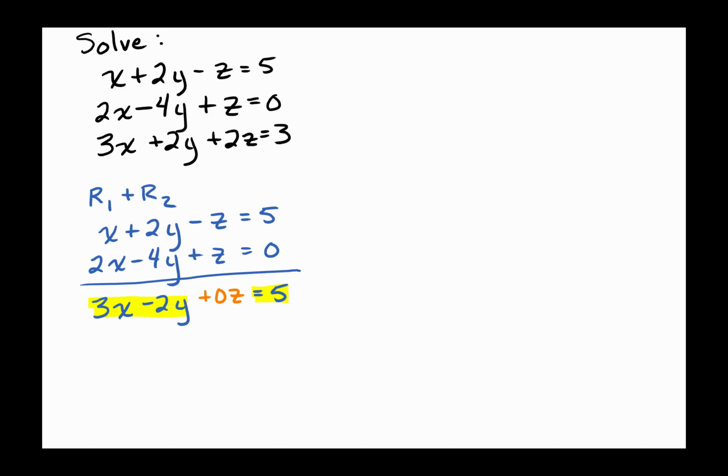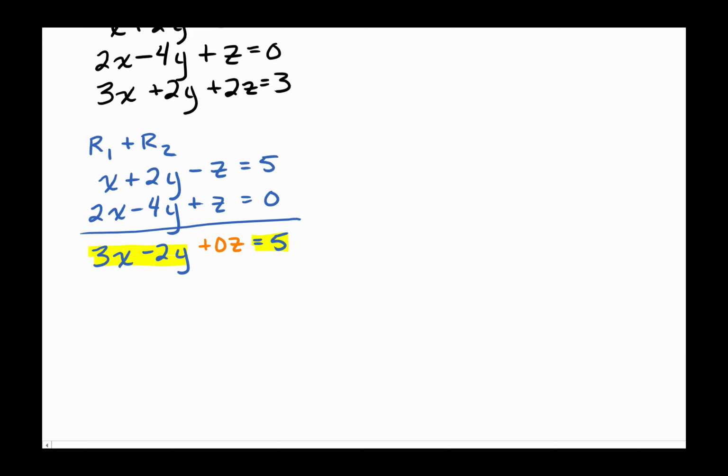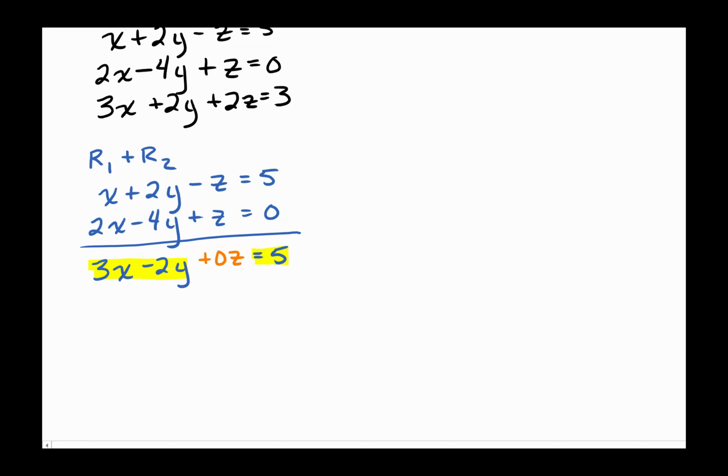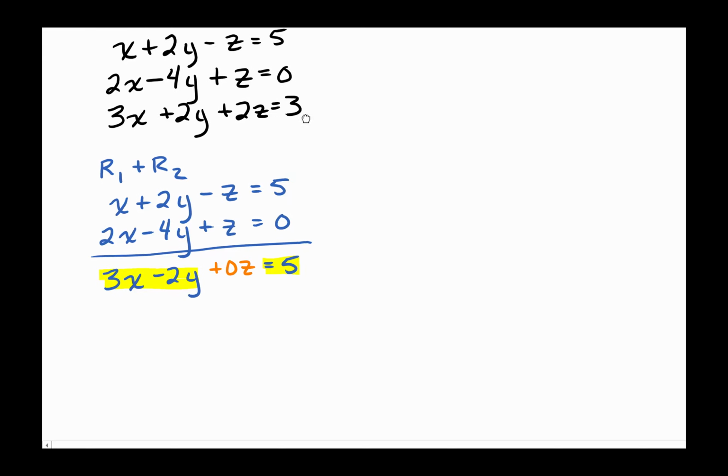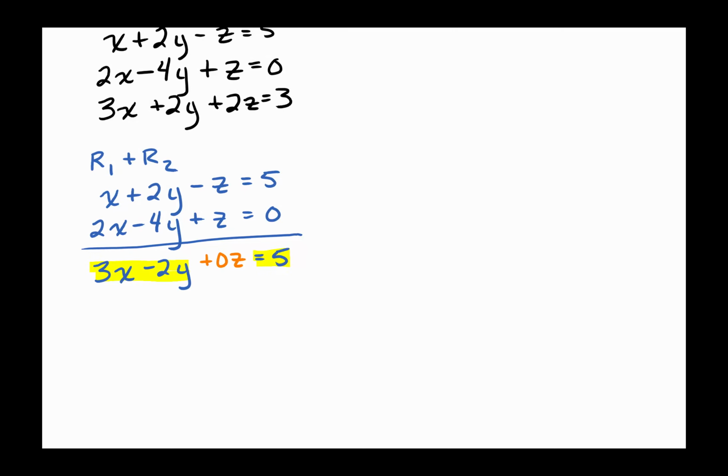So we're going to have to use row 3. And we're going to need to eliminate z again. So you have to eliminate the same variable. So let's just take a quick look. Here's row 3. I've got to use that, and I've got to eliminate z again.